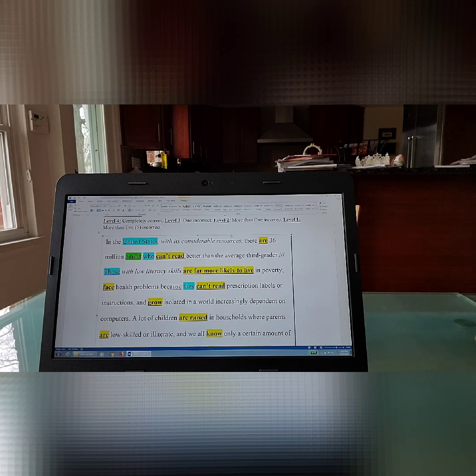But keep in mind the part of speech that you're looking at, right? Because you might see the word prescribe, which is a verb. But this is prescription. So prescription here is an adjective. And what's next to it? Labels, right?